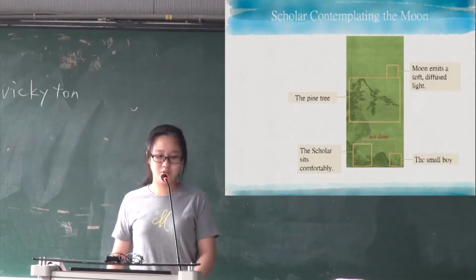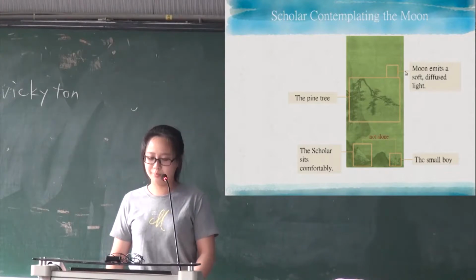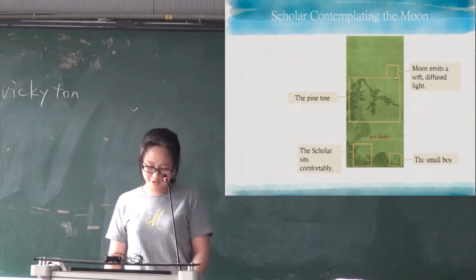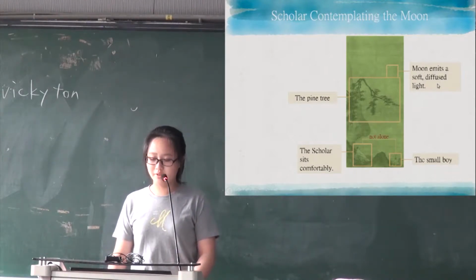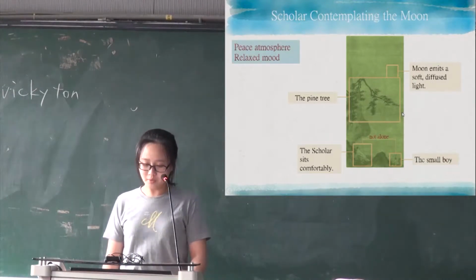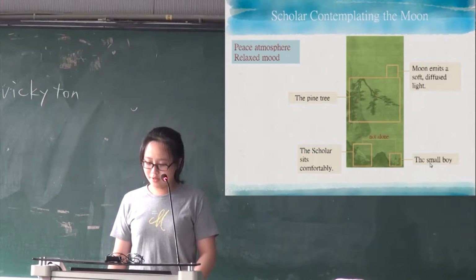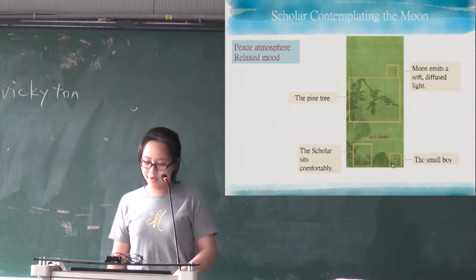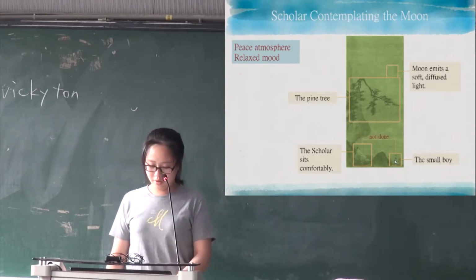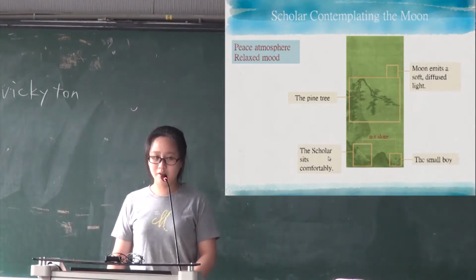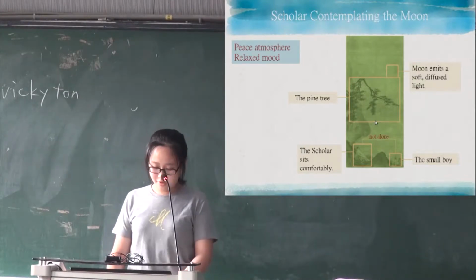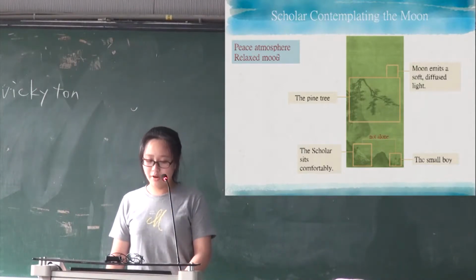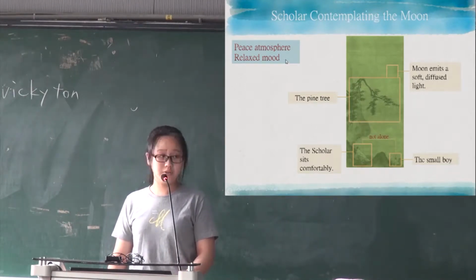I think this moon is too small and too blurry, so we can't see it clearly. But the moon emits a soft and diffuse light, and we can also see the small boy on the right. This boy lets me know the scholar is not alone. And I think this painting gives me a peaceful atmosphere and relaxed mood.